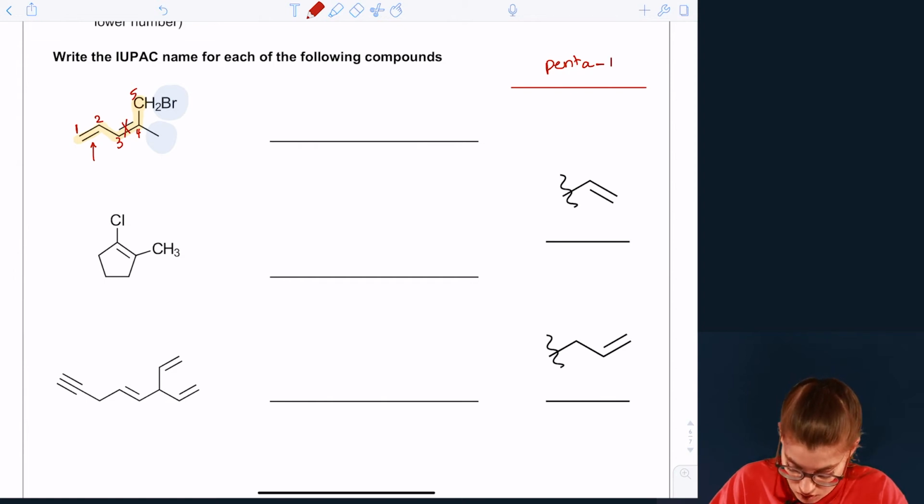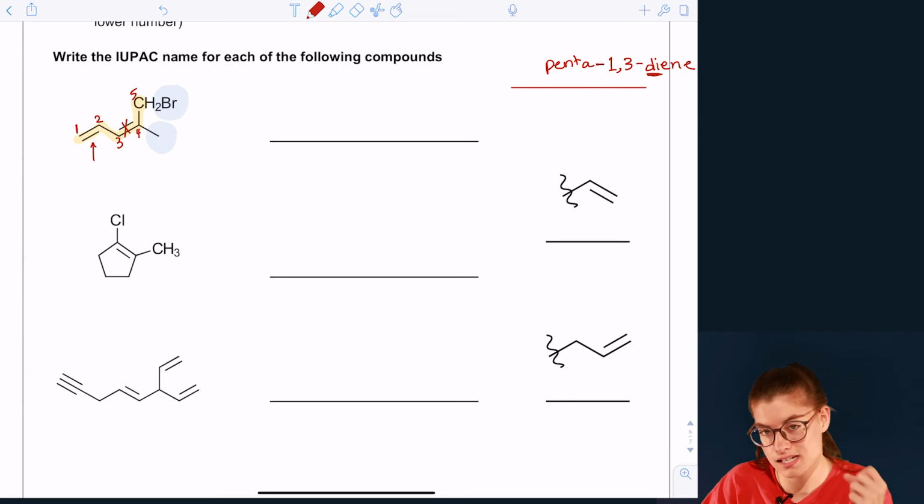So we've got 1 and 3, and then we say diene, because remember, we have to express how many double bonds we have. Well, we have 2 of them. One is at 1 and one is at 3. Okay, so that will be our parent name.